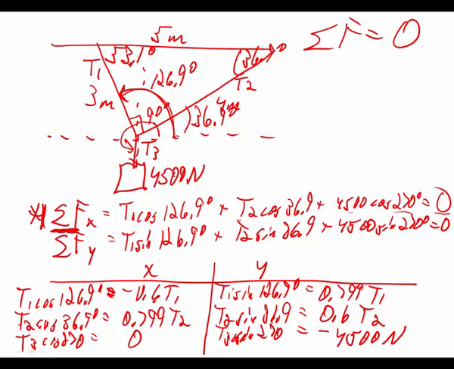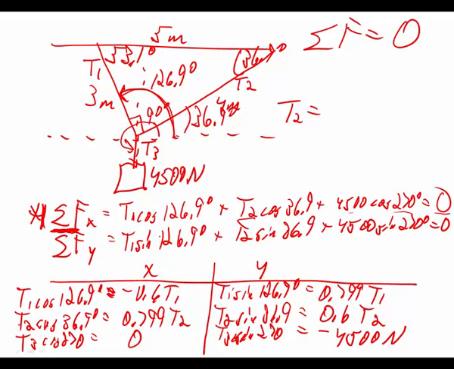Let's solve for T2. So T2 then becomes what? T2 is equal to, if you look over here at your data, T2 is equal to 0.6 T1 divided by, and of course that's when you move everything over.